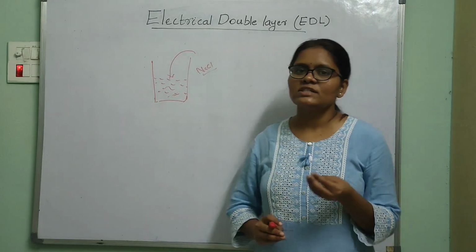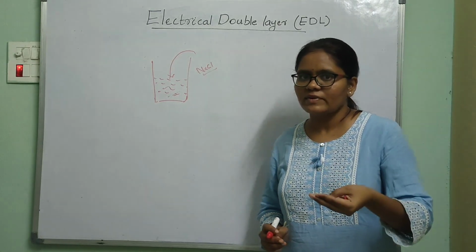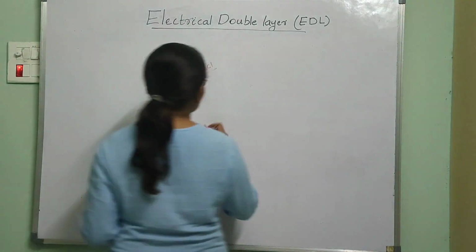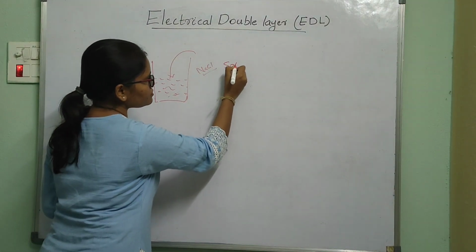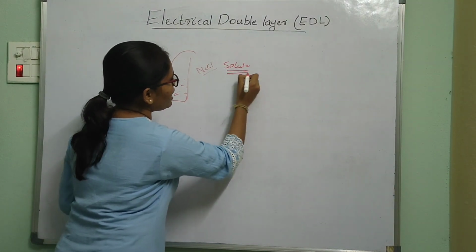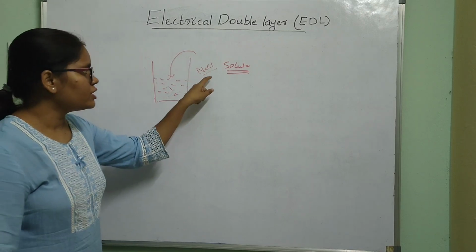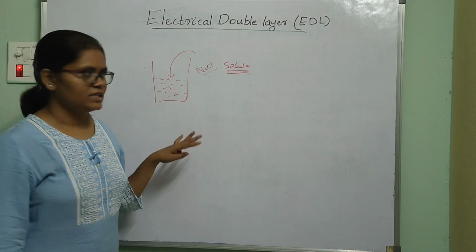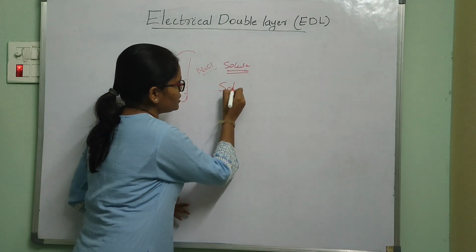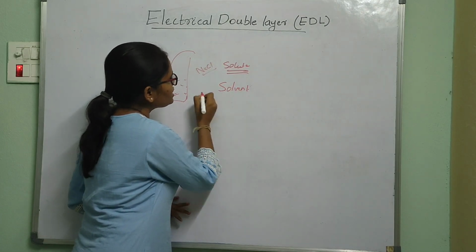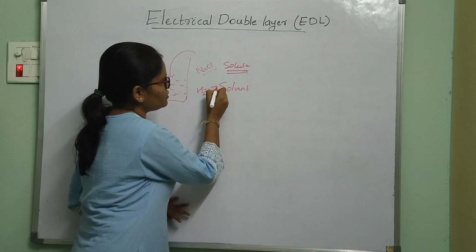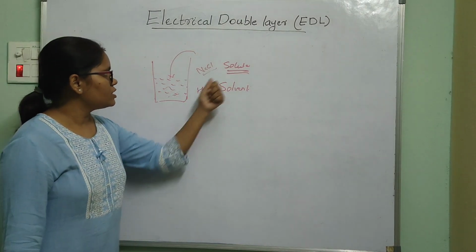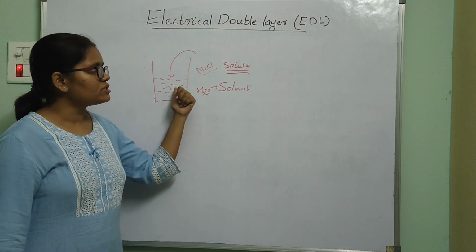Here the substance that is taken in small quantity, less quantity, is referred to as solute. So in this case, sodium chloride is the solute, and the substance that is taken in large quantity is referred to as solvent. So in this case, water is the solvent. So solution is a homogeneous.